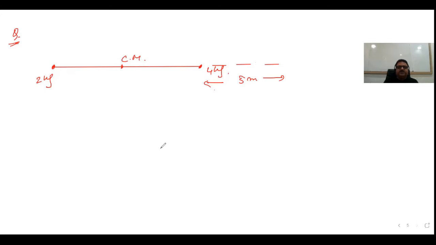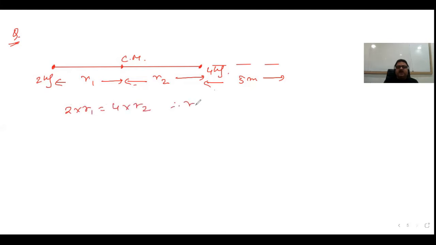Look at this. I don't know exactly what value we need to shift the central mass, correct? So let me assume this distance is R1 and this distance is R2. Now initially what we can write, we know that M1R1 equal to M2R2.